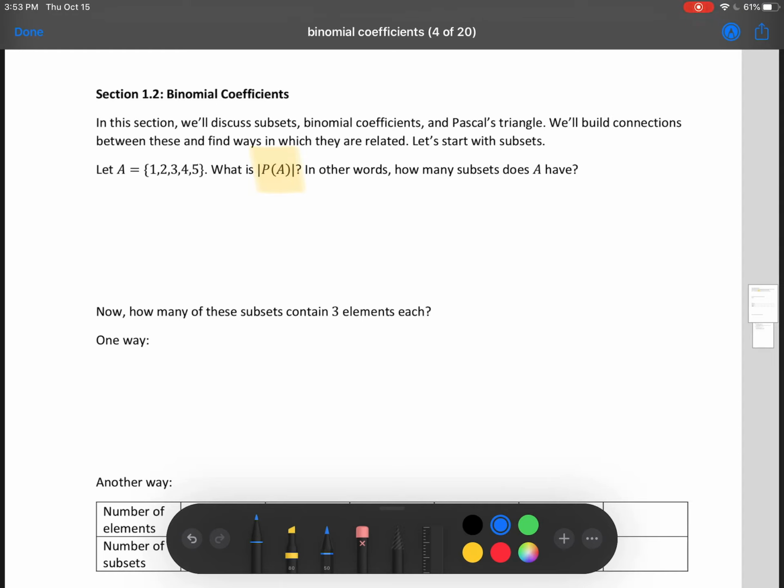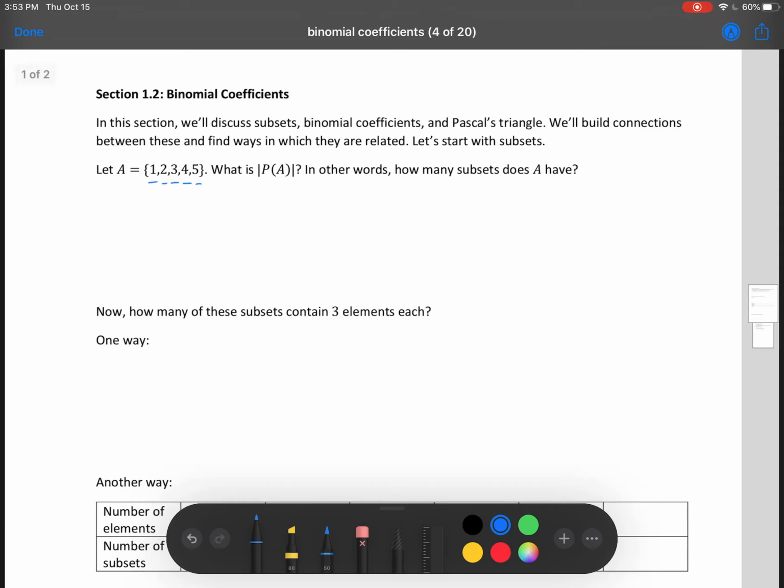So what I'm going to use is the same kind of slot diagram that we used when talking about the additive and multiplicative principles. So basically, we're going to think about how many ways we can create a subset of this set A. To create a subset, we basically need to say yes or no in terms of whether we are going to include each of these elements.